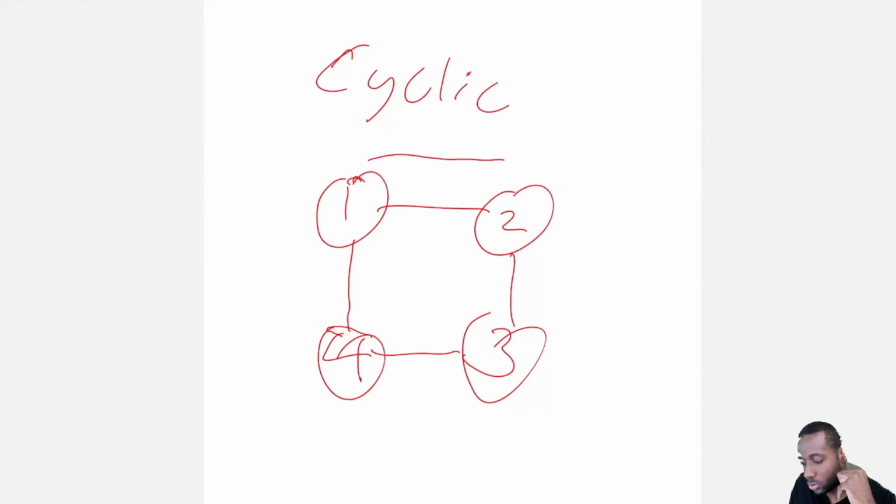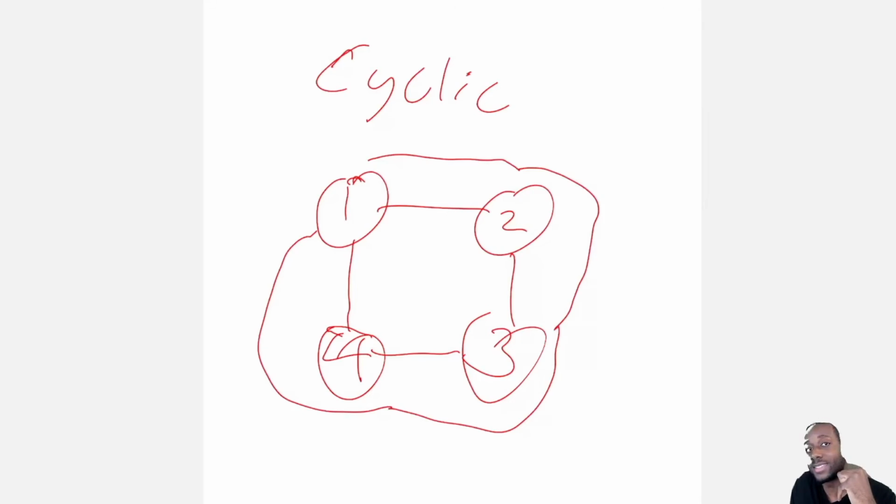We can go from 1 to 2, from 2 to 3, from 3 to 4, and from 4 to 1, because we start and end at the same node. That's how you can see if a graph is cyclic or not.